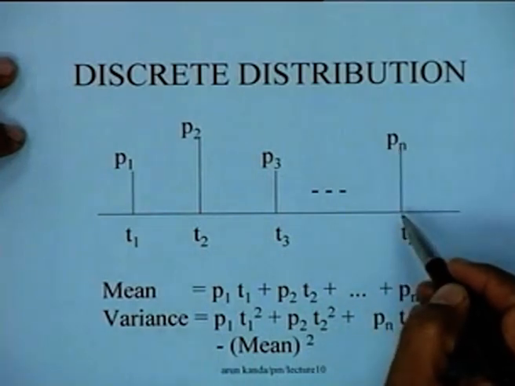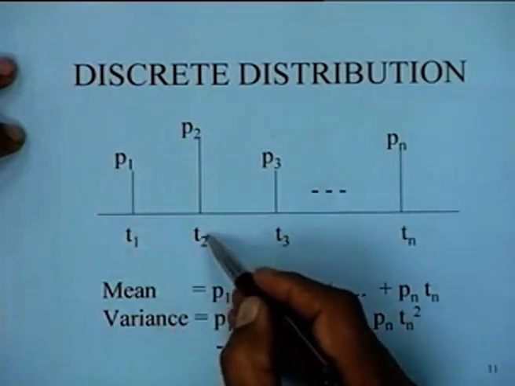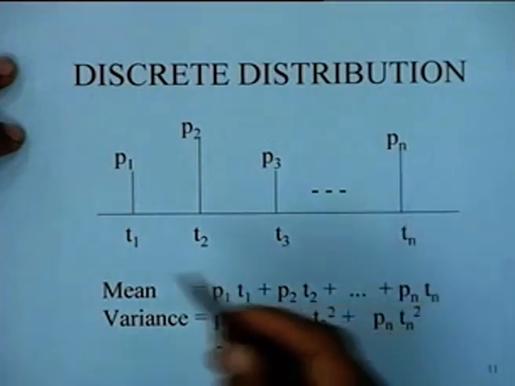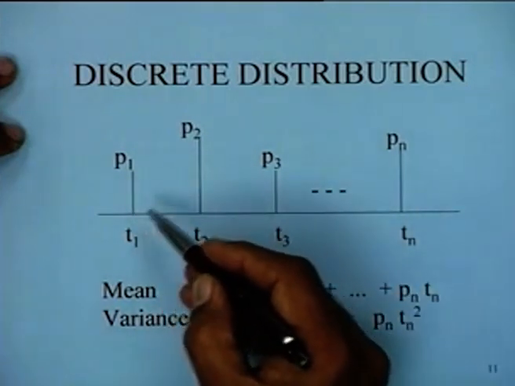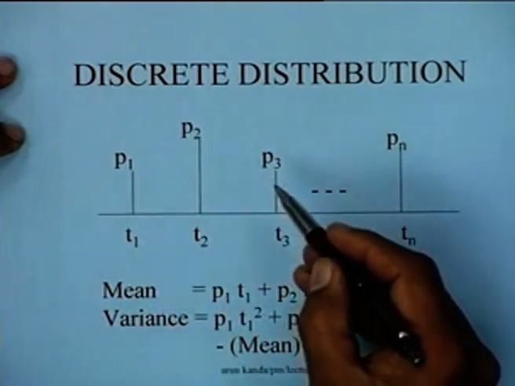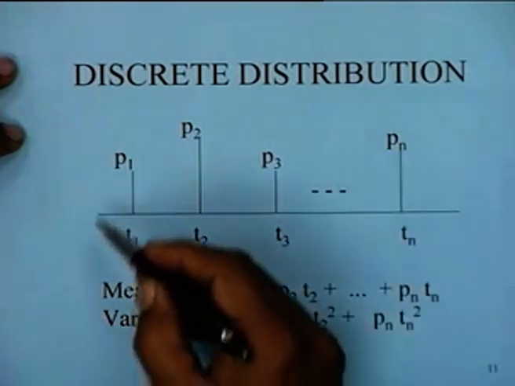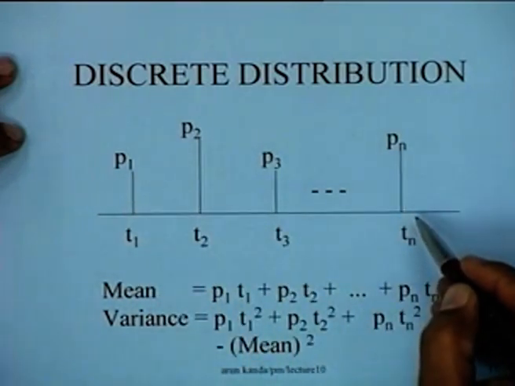You see, this may happen, for instance, if you have the historical record of the time that a particular activity took, right? So it might have taken either 10 days or 12 days or 15 days or 20 days in the past. And if you have done it for say 100 times, you would know how many times it took 10 days and how many times it took 20 days and how many times it took 30 days and so on. And these estimates would be then estimates of the probability that you have for this distribution.